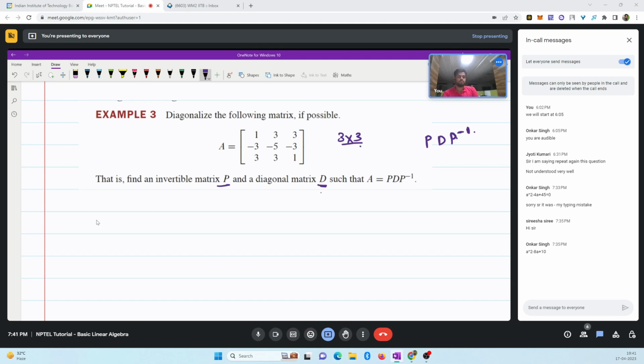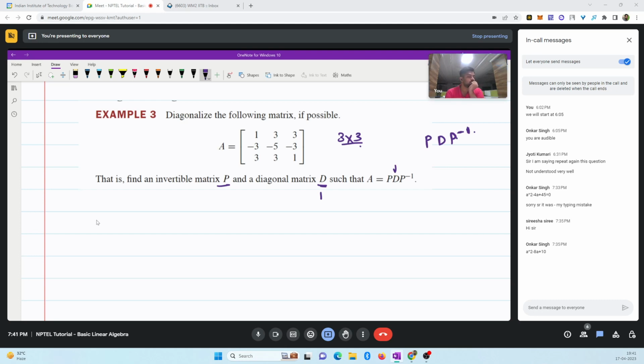Sir, in this question, given P is an invertible matrix, you have to find P such that A equals P D P inverse. Then P inverse equals I. But in matrix multiplication, you can't skip the D in between, right?